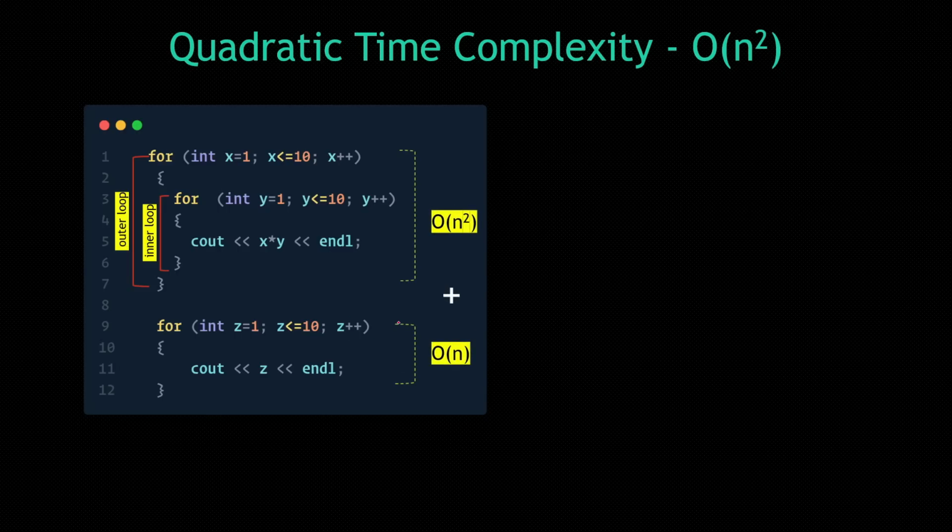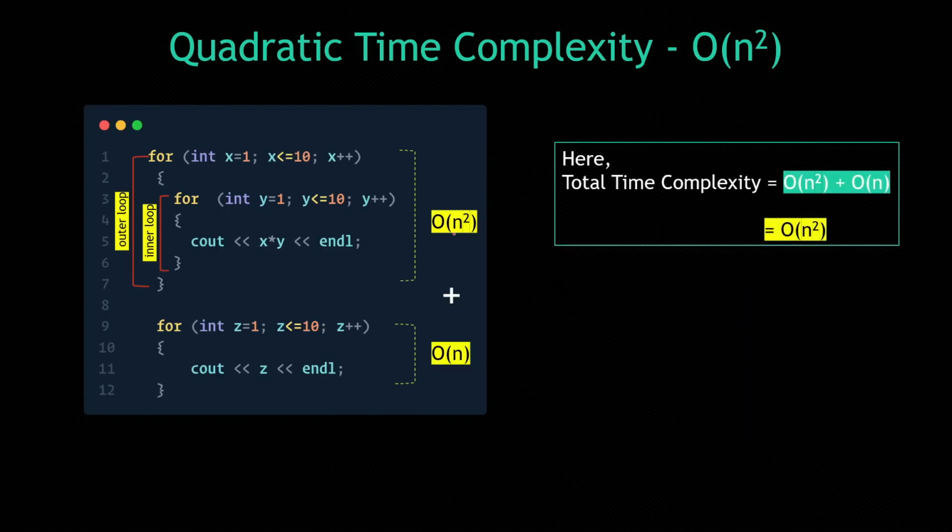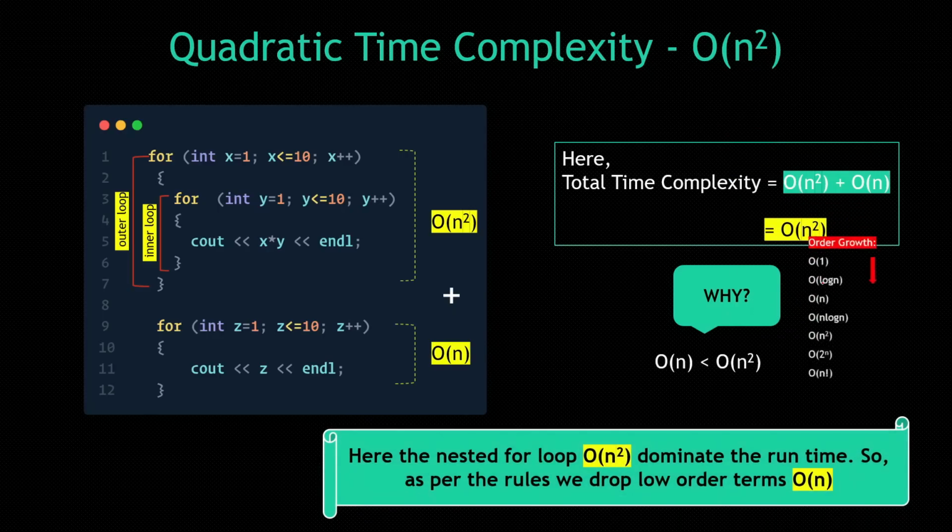And we already know a simple for loop time complexity is O(n). Here the total time complexity is O(n^2) plus O(n). We can write it as O(n^2). But why? Remember there is a rule to drop lower order terms. Here O(n) is the lower order term, O(n^2) is the higher order term.